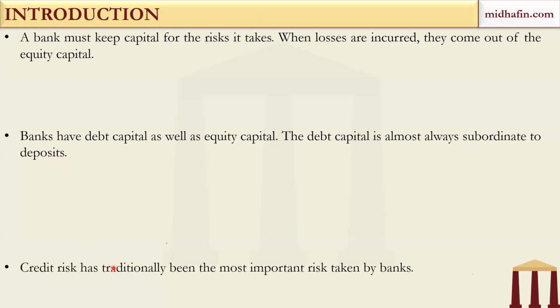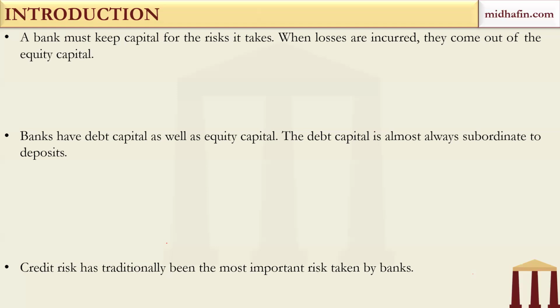Now, credit risk has been traditionally the most important risk taken by the bank. This goes without saying, right? Credit risk, without any doubt, has been the most important source of risk for any bank traditionally.